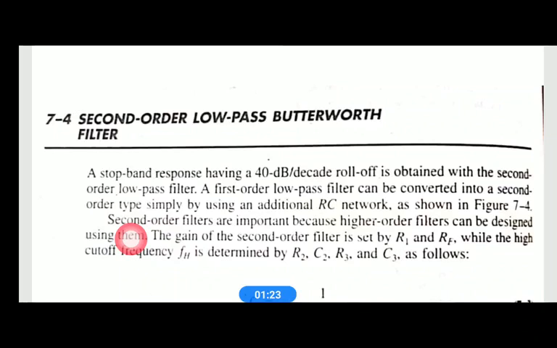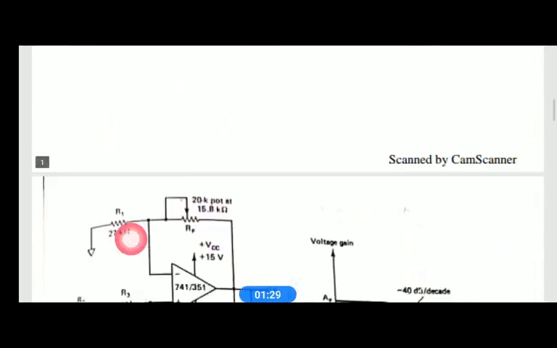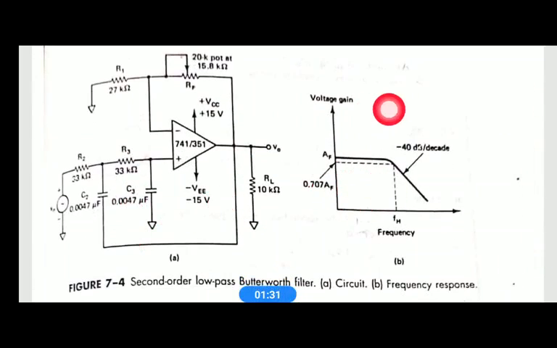Ideally, the frequency response is shown by the dotted line here.